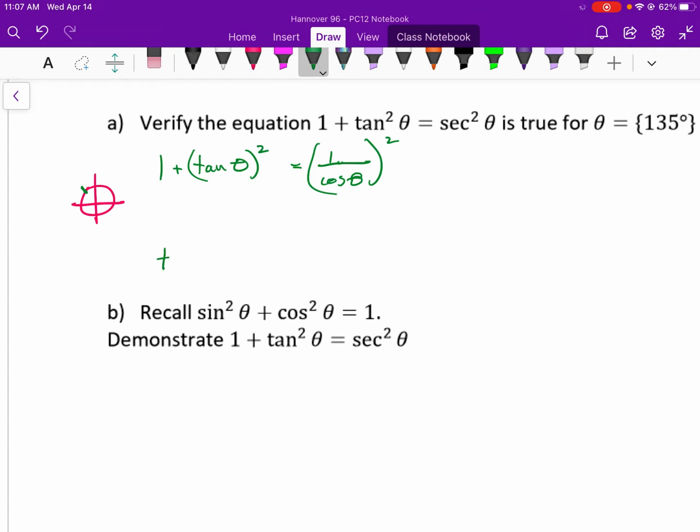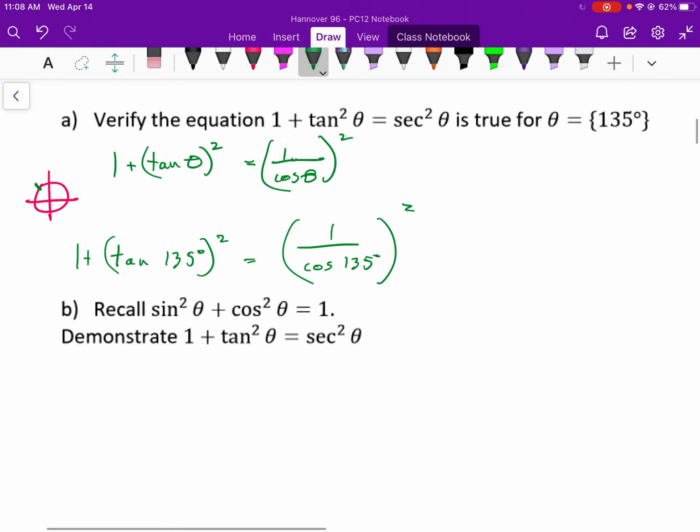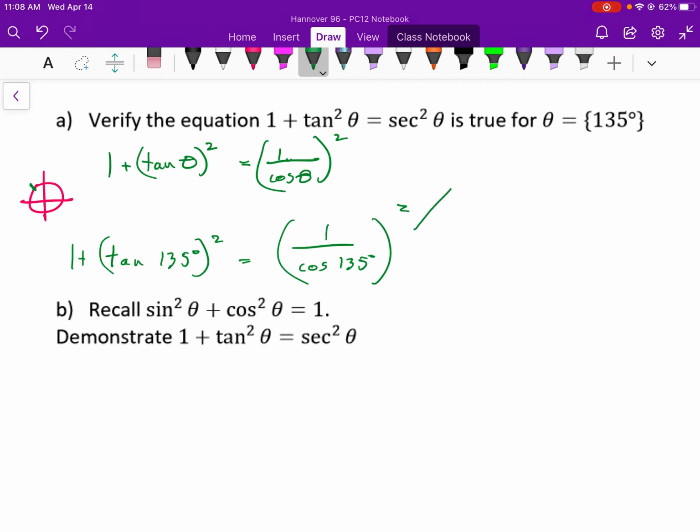So very simply, I have to prove that 1 plus tangent of 135 degrees squared is equal to 1 over the cosine of 135 degrees squared. I'm going to take my work up. 1 plus the tangent of 135 degrees is negative 1.